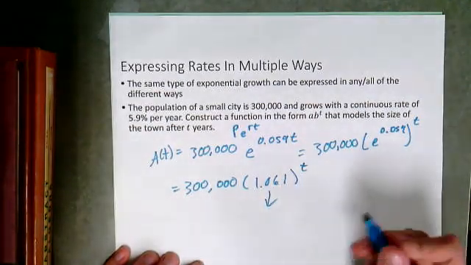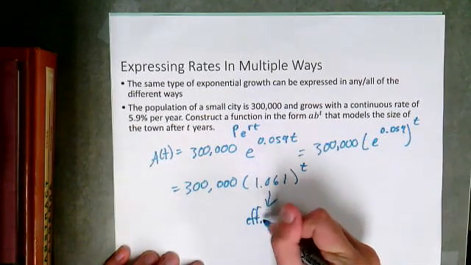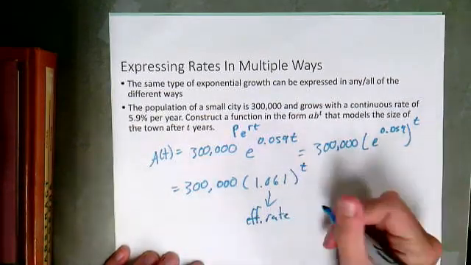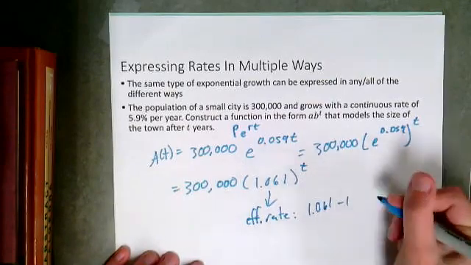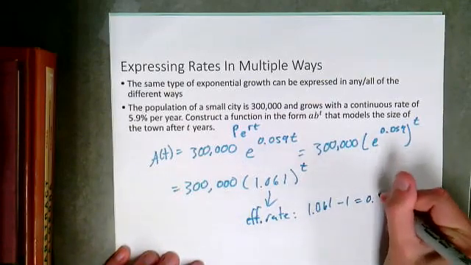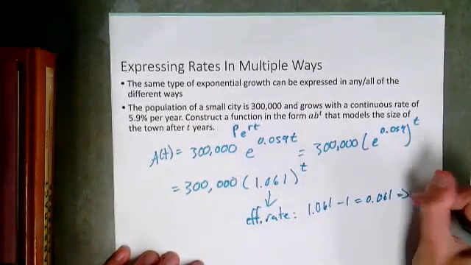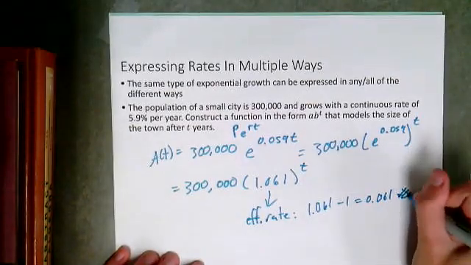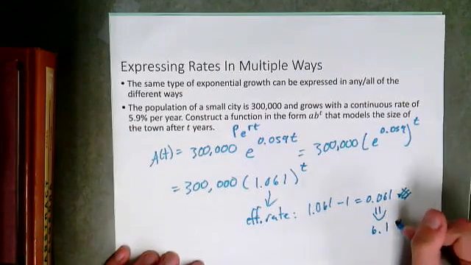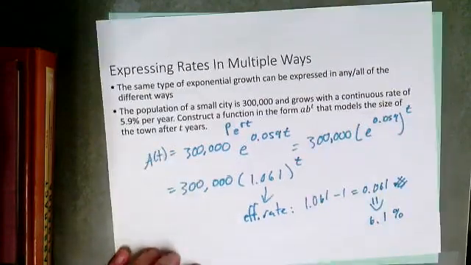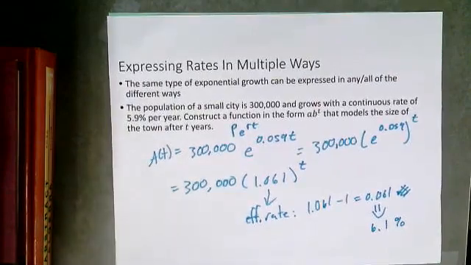So from this, we're going to get an effective rate of, well, what's the effective rate? 1.061. Subtract the 1 off, and we get 0.061. Change that to a rate, and we get 6.1%.